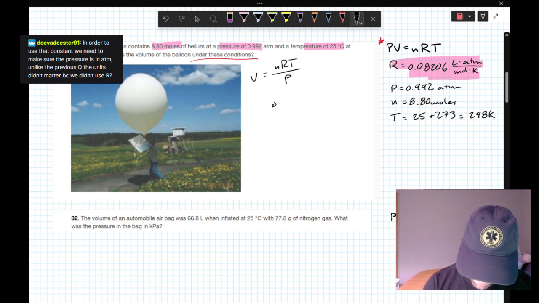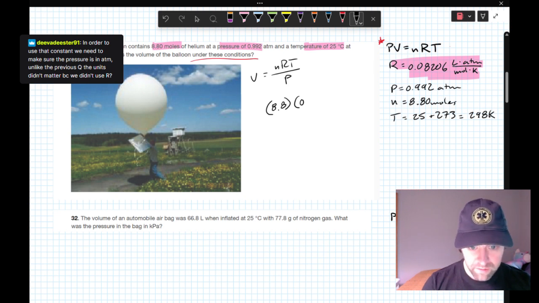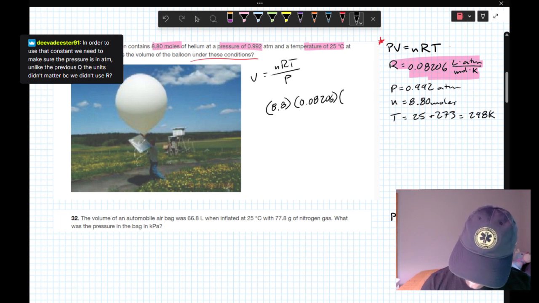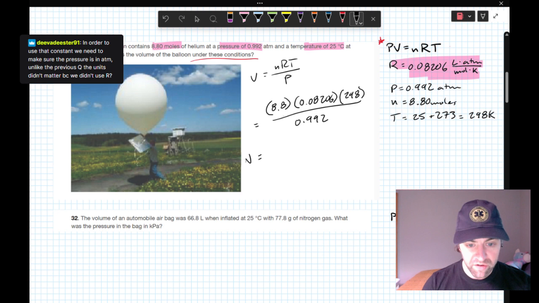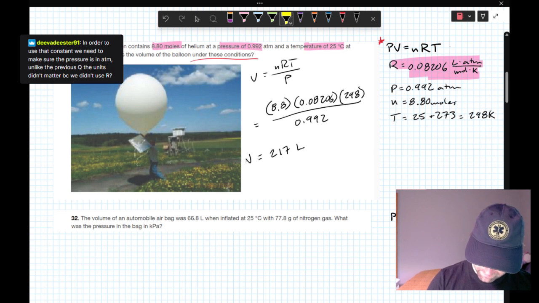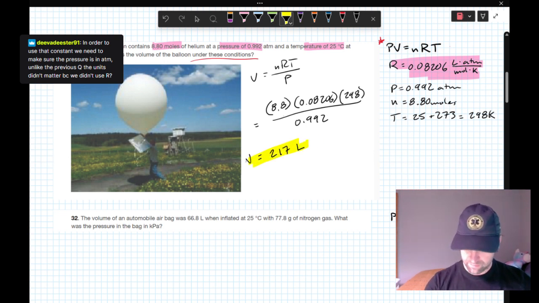We have 8.8 moles, the gas constant, 298 Kelvin, all over pressure. Multiply that out. Our volume at these conditions is about 217 liters. The ideal gas constant is definitely worth memorizing.